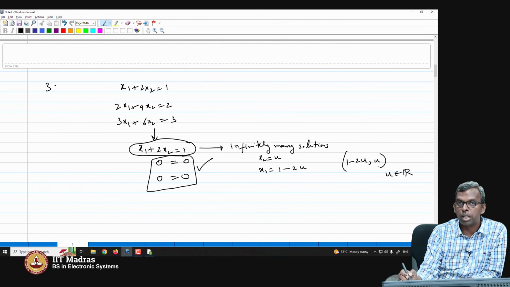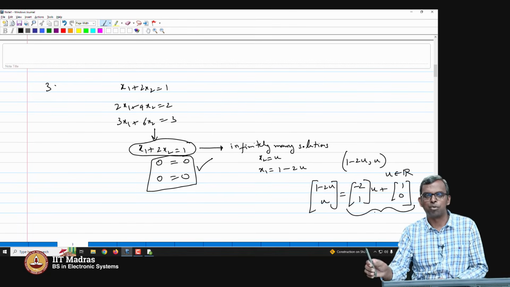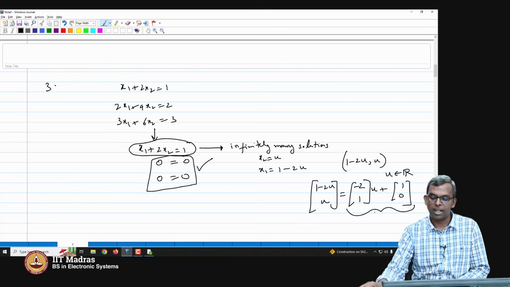So for any u in the real line, you will get it. If you want, you can write the solution in matrix form. This is basically 1 minus 2u, that's going to be (minus 2, 1) times u plus (1, 0). So this is the matrix form of the solution. We've seen this before, how to write this down.